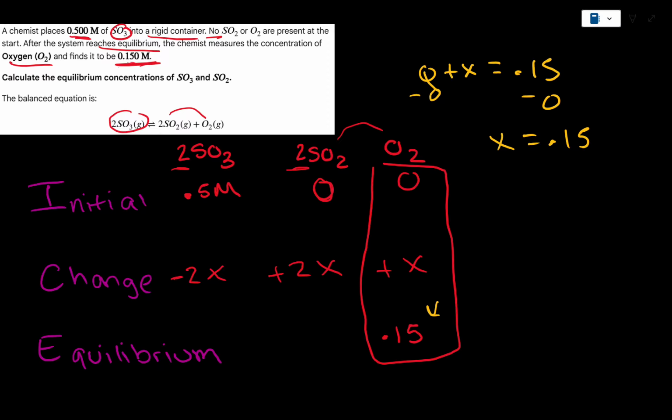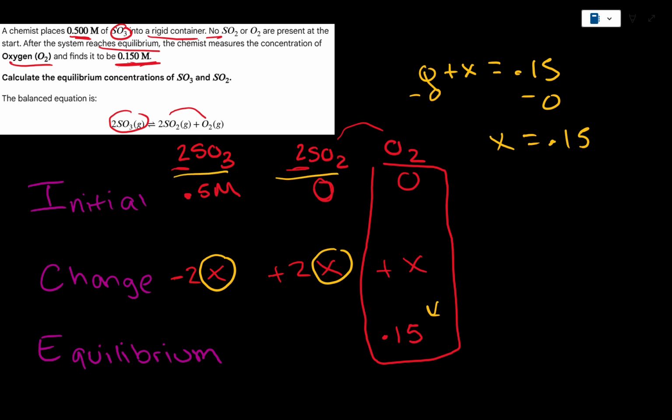So now that we know what x is, we are going to plug x into all of these expressions to find the equilibrium values for all of these chemical compounds.